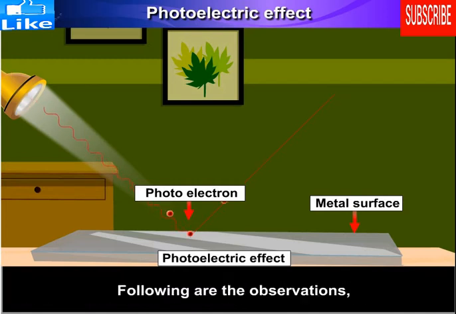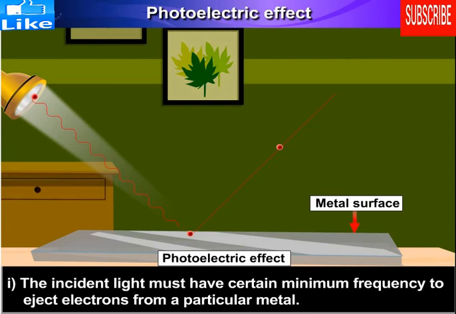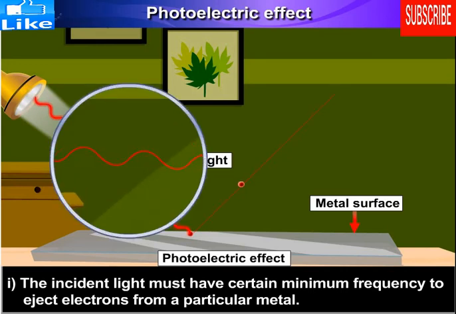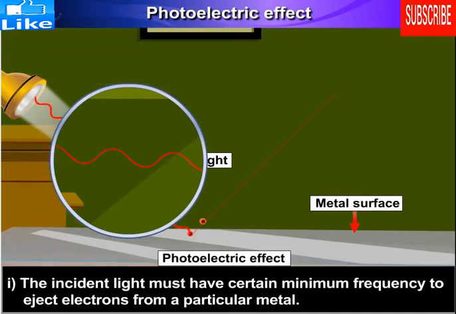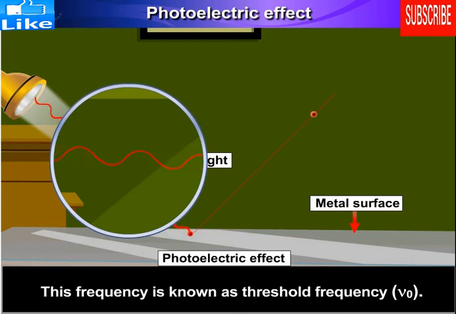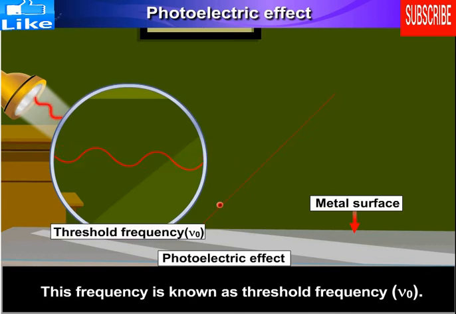Following are the observations. 1. The incident light must have a certain minimum frequency to eject electrons from a particular metal. This frequency is known as the threshold frequency, ν0.